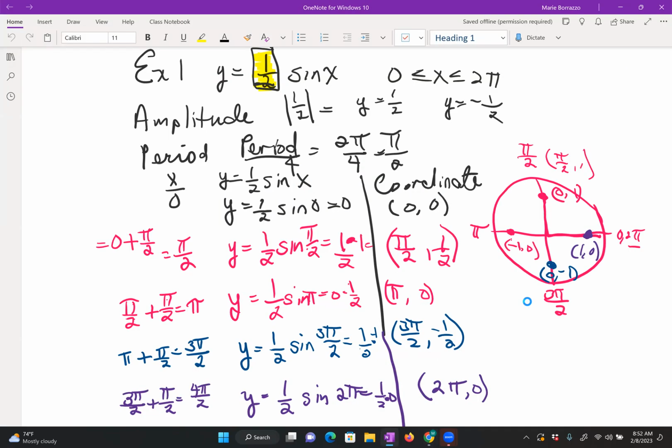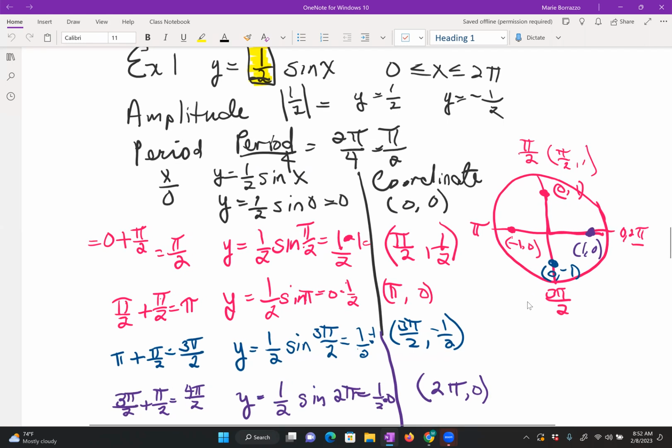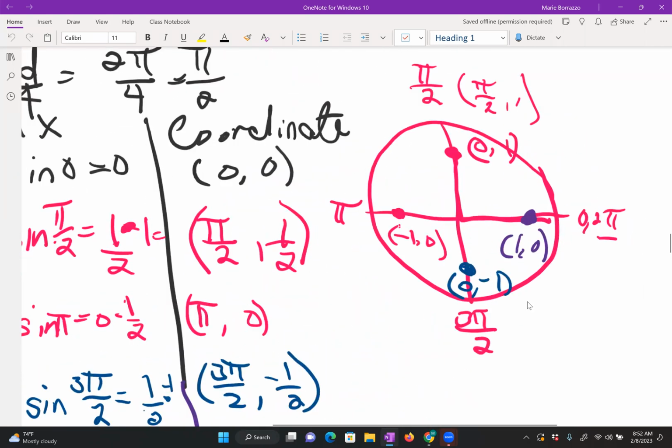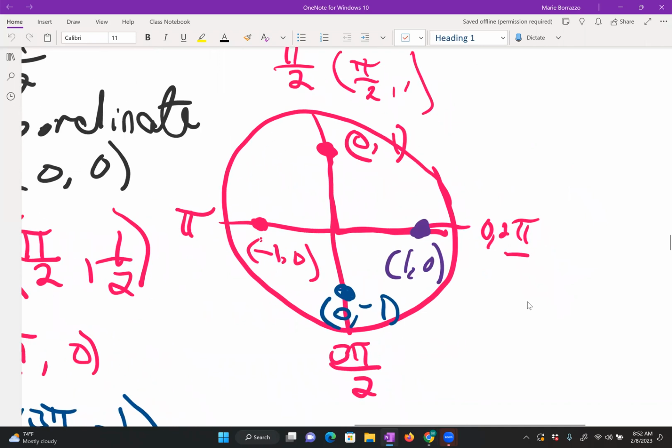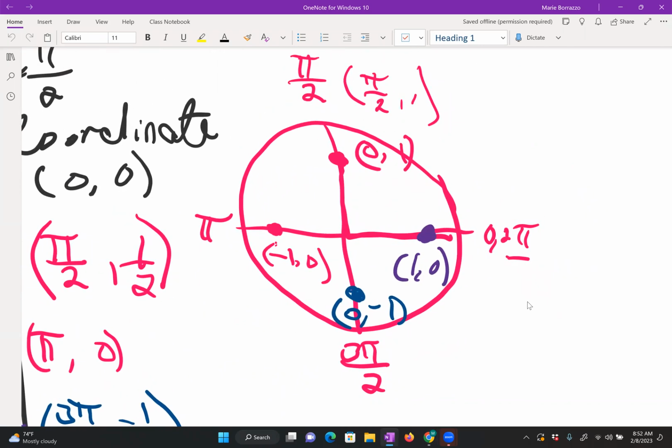If you noticed on the side of the board, one of the things I did was set aside the unit circle with its major quadrantal angles.